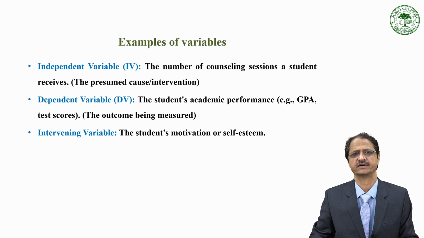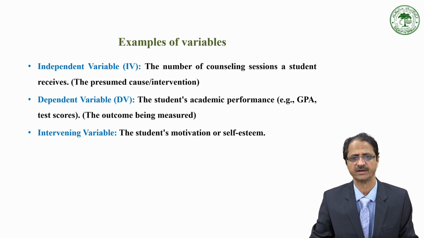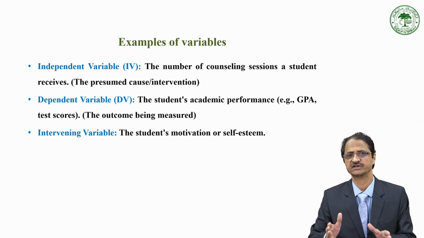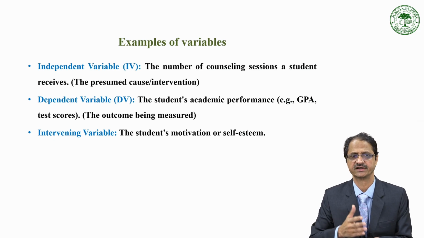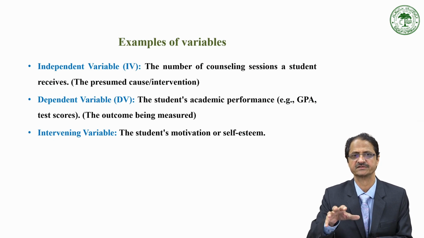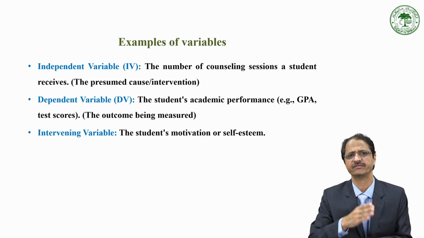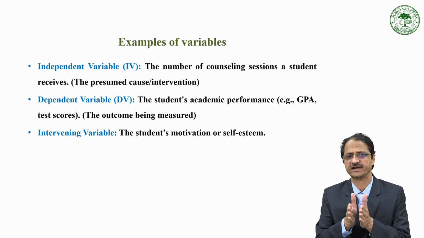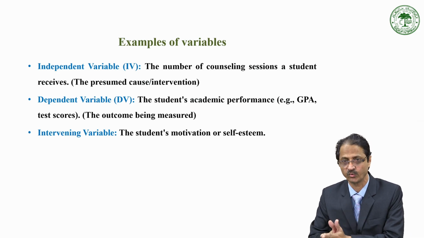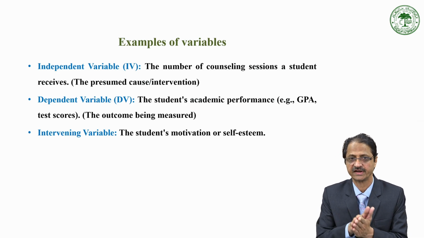Here we can understand with the help of another example. Independent variable: the number of counseling sessions a student receives, that is the independent variable, that is the intervention. And what is the result of it? That is the dependent variable, meaning a student's academic performance has improved because of the intervention.